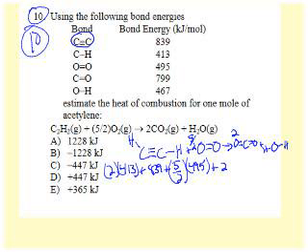Plus, there are 2 bonds times 2, so I have 4 C double O bonds. So 4 times, and these are forming, negative 799. Plus, and then I have just 1 water, so I have 2 O to H bonds, which are 467, and since they're forming, they're negative.